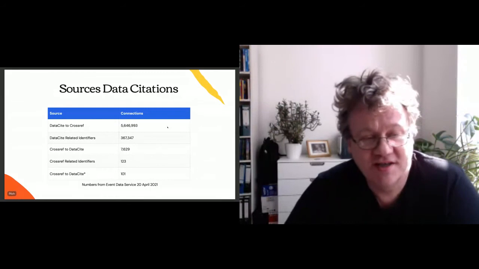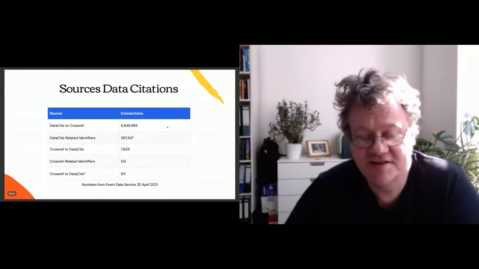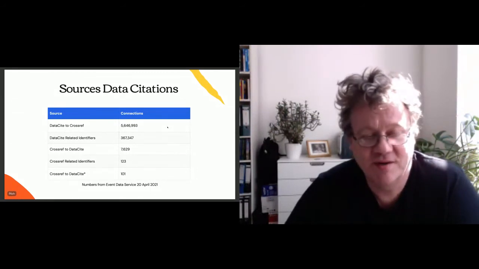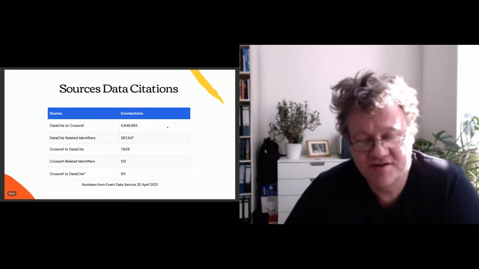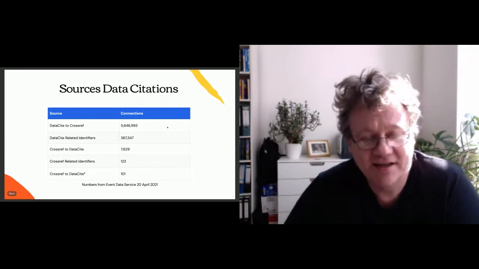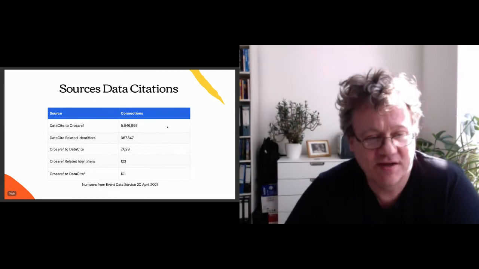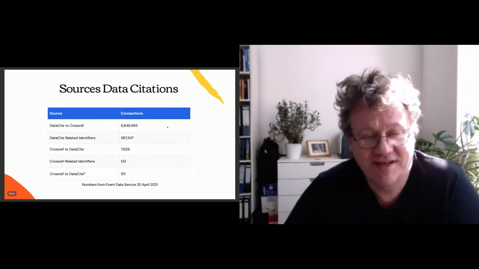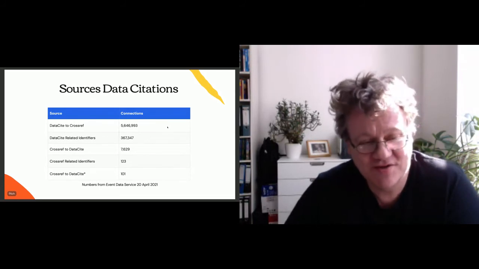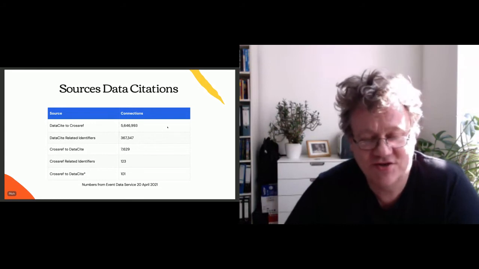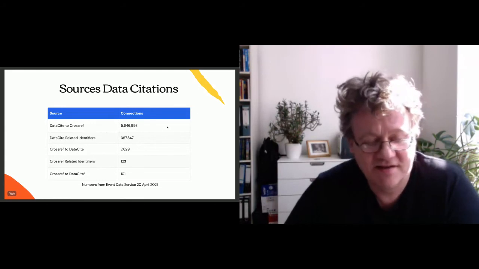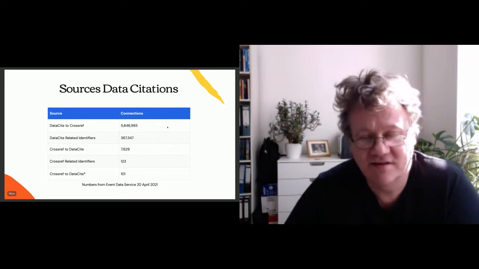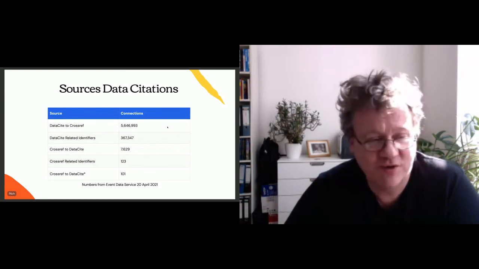And what we also see is that, of course, we also have data citations within DataCite. So a publication in, for example, Zenodo or Figshare, linking to a data set, also the data set DOI. And the number Crossref to DataCite is low also because there have been technical difficulties, so that shouldn't be taken as that's everything there is, but that hopefully will much improve going forward.